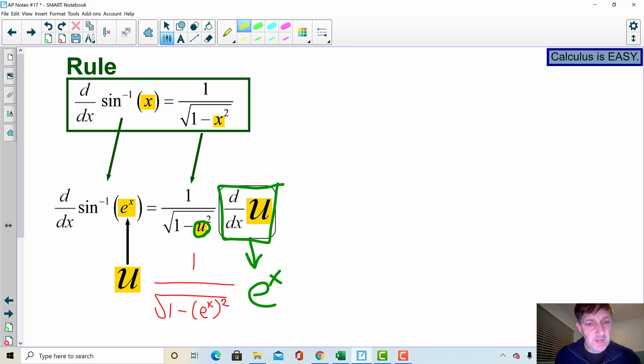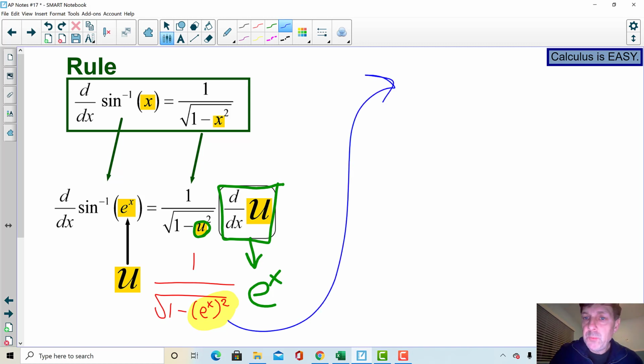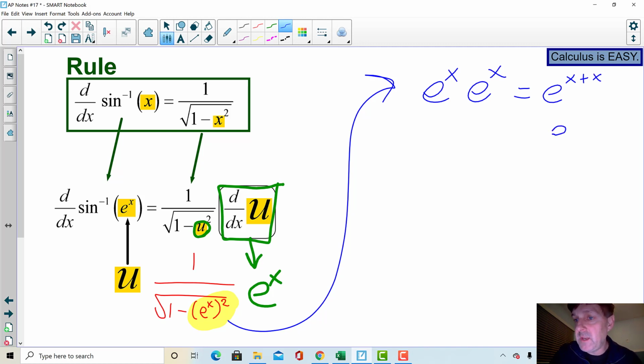Now, remember, you don't have to simplify. But if you're trying to make your answer look like one of the multiple choices, then you kind of have to. So what do we do with e to the x squared? Now let's take a look over here. Remember, e to the x times e to the x is going to be e to the x plus x. So that's the same thing as e to the 2x.